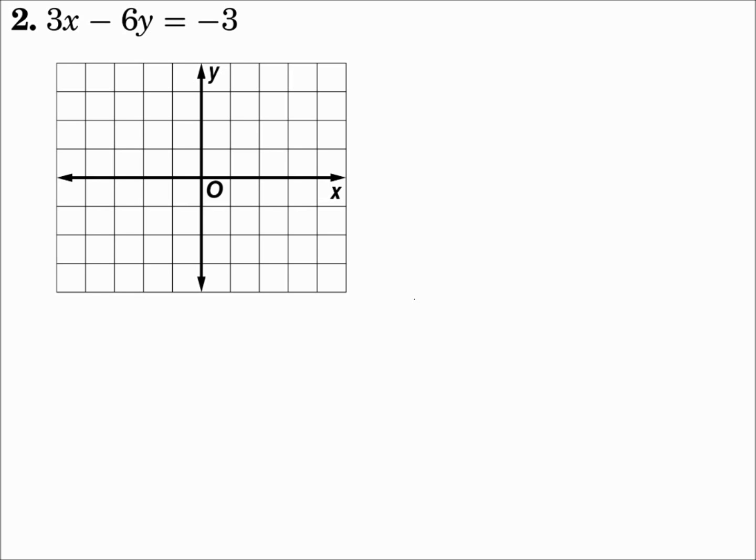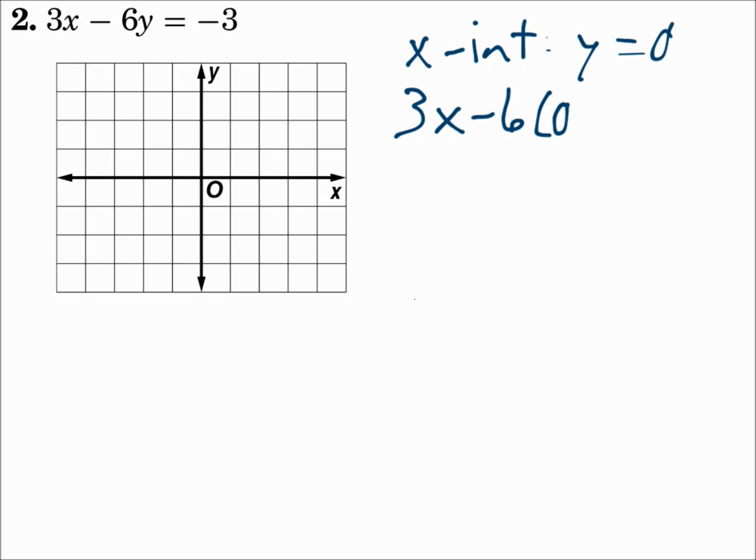Number 2, 3x minus 6y equals negative 3. Find the intercepts. For the x-intercept, make y equal 0. So that gives you 3x minus 6 times 0 equals negative 3. 6 times 0 is 0. 3x minus 0 is still just 3x.